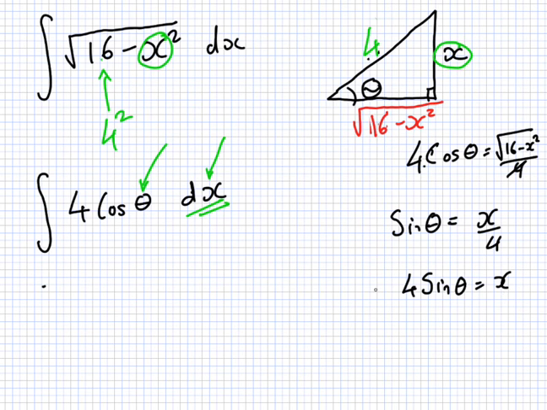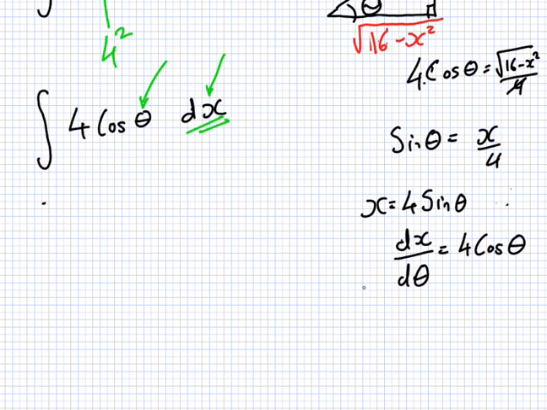That's useful because now dx d theta equals 4 cos theta, so dx equals 4 cos theta d theta.